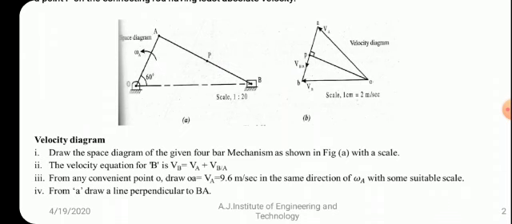From A, you draw a line perpendicular to AB. Then from O, you draw a line exactly parallel to OB. This will intersect the perpendicular drawn from A at point B. This will give the velocity of B.